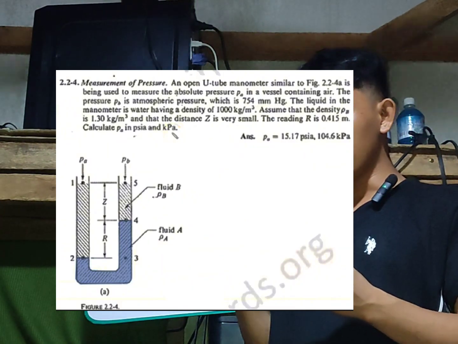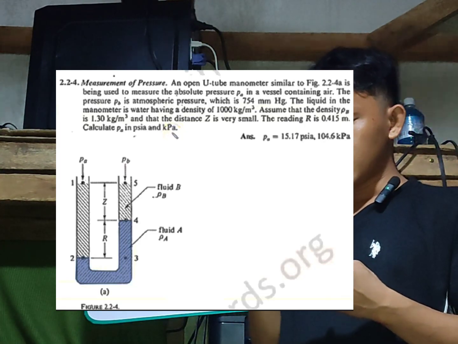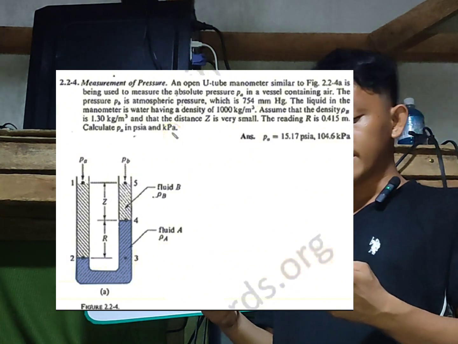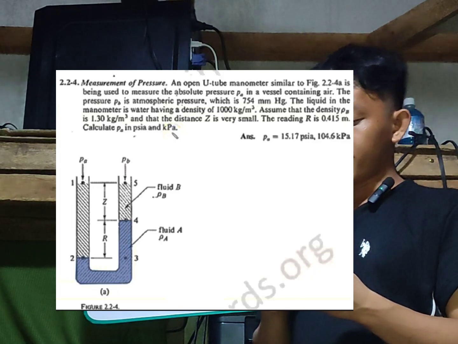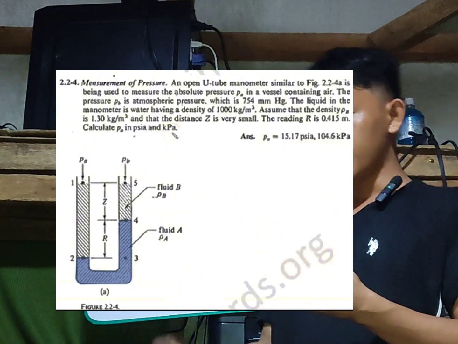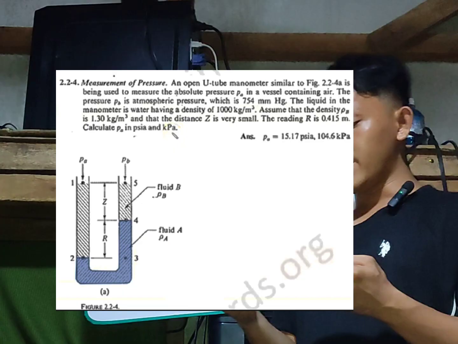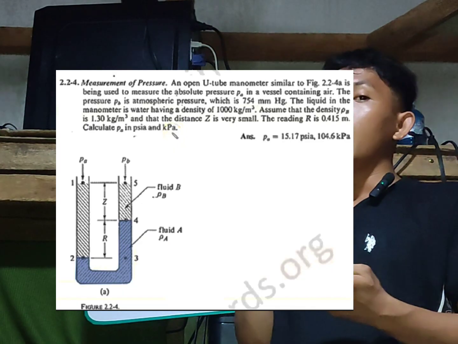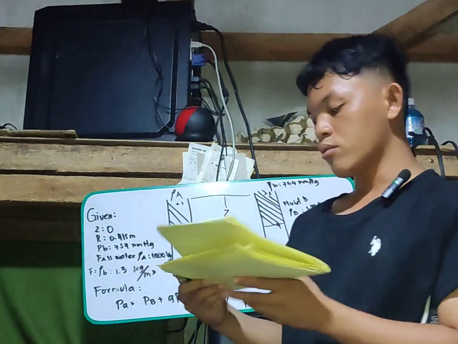Assume that the density of B is 1.30 kilogram per cubic meter and that the distance Z is very small. The reading R is 0.415 meter. Calculate the pressure A in psia and kilopascal.